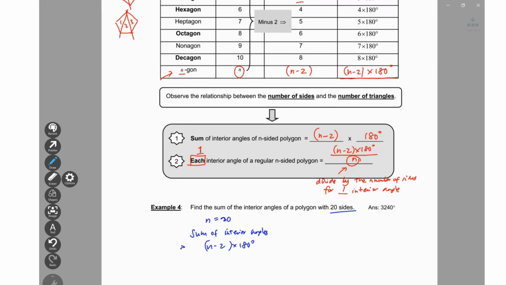Now you know your n is 20, so put it inside. We solve the bracket first, so don't expand numbers. 20 minus 2 is 18. Take 18 times 180, and you get 3240 degrees. Write down the units in your final answer. This is the sum of interior angles for your 20-sided polygon.